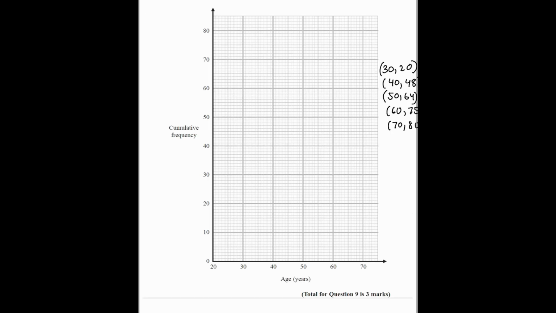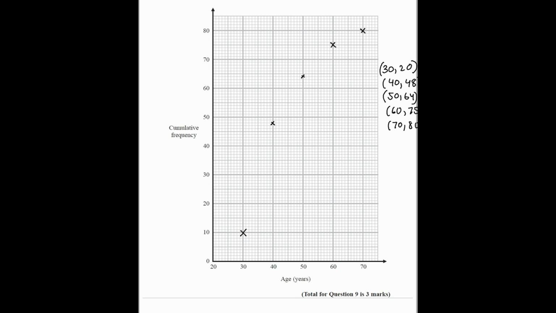So we have to plot 30, 20, then 40, 48, then 50, 64, then 60, 75, and the last one is 70, 80.